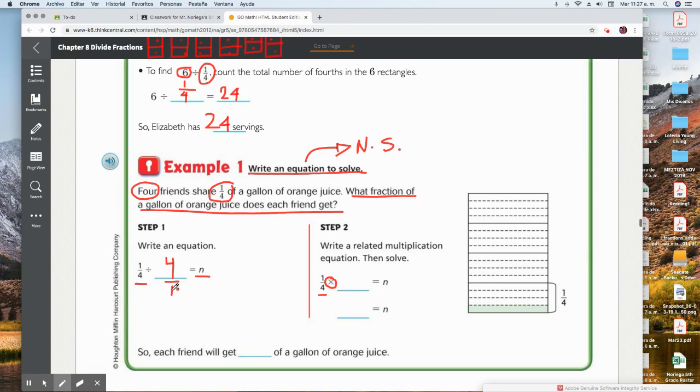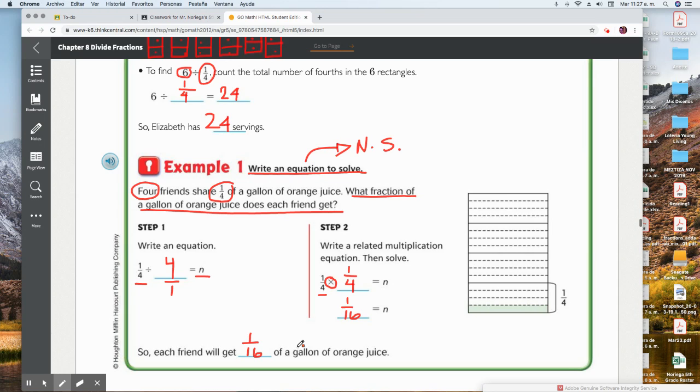When we flip it, the 1 will be on the top and the 4 on the bottom. Then we multiply across. What is 1 times 1? 1. 4 times 4? 16. So each friend will get 1/16 of a gallon of orange juice.